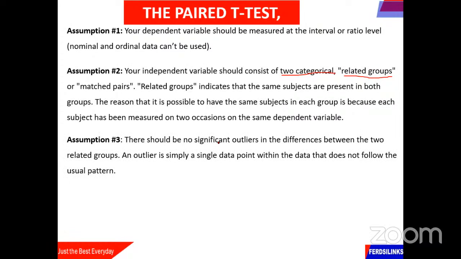Now we also talk about outliers, as with any other statistical measure that is parametric inclined, right? As any other statistical measure that assumes that the data come from what? A normal distribution. We expect that the data should not have significant outliers. The outliers should not be such that they can distort the data.